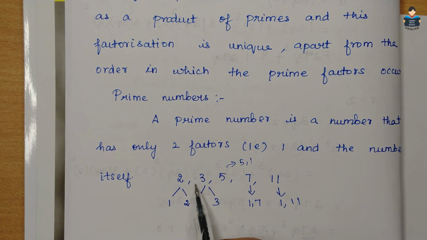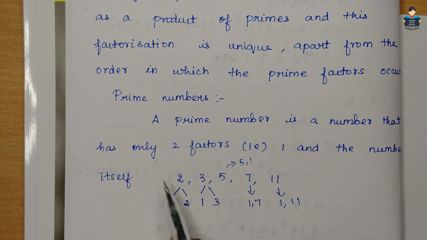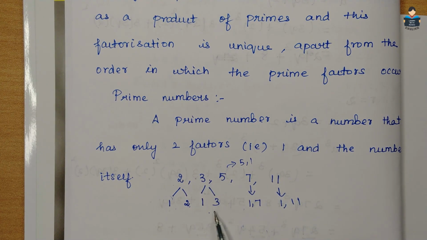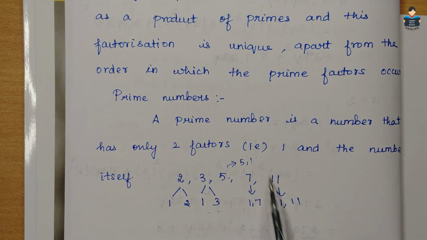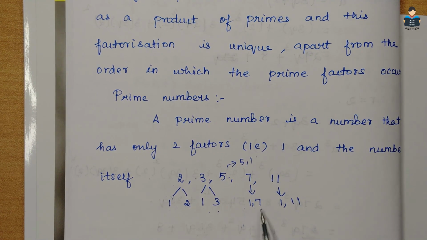So these numbers are said to be prime numbers because they have only two factors: the factors of 2 are 1 and 2, of 3 are 1 and 3, of 5 are 1 and 5, and of 7 are 1 and 7.